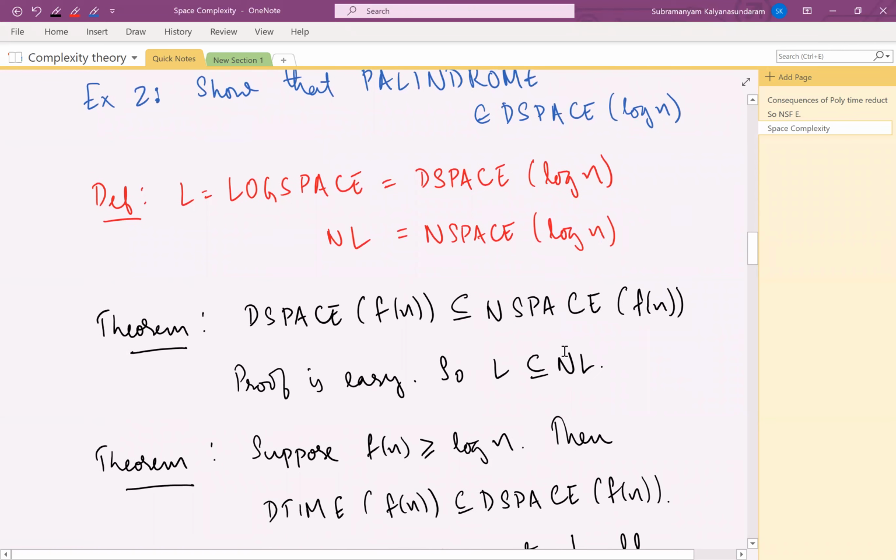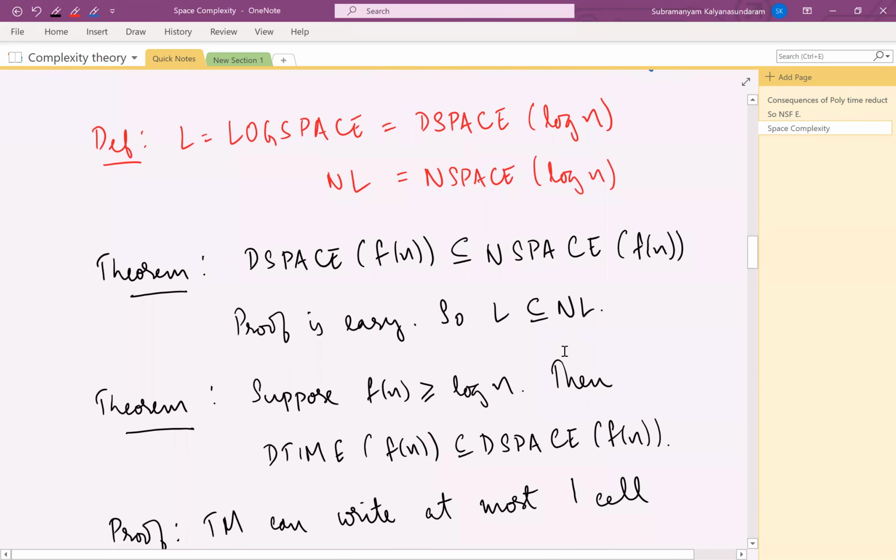Now let us see some standard relations between DSPACE, NSPACE, and DTIME, etc. We have already seen DTIME, NSPACE, and DSPACE. How are they related to each other? The first result is not very difficult. DSPACE of f(n) is contained in NSPACE of f(n) for any function f.